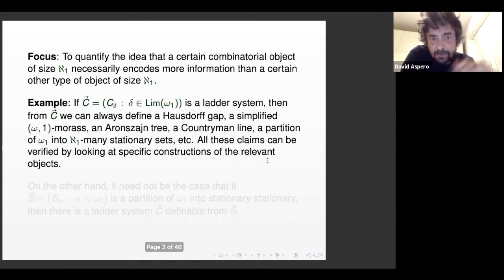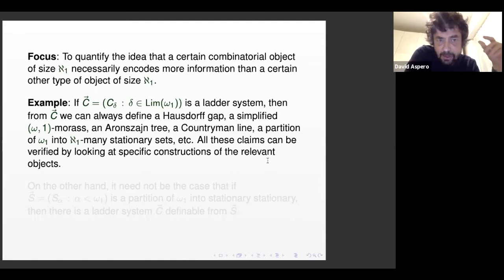For example, if you have a ladder system on omega 1, so every C delta is a cofinal subset of delta of order type omega, then from that object you can define all kinds of things: a Hausdorff gap, the simplified omega 1 Morasses, Aronszajn trees, Kurepa lines, partitions of omega 1 into stationary sets, and many other things. And all these claims can be verified just by looking at specific constructions one by one of the relevant objects and seeing that, yes, indeed, you can define them explicitly from a given ladder system.